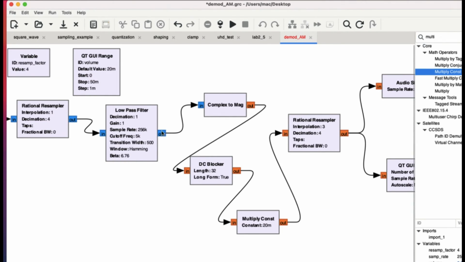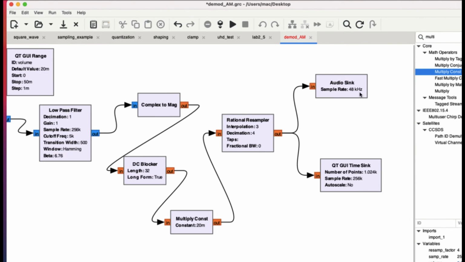After passing through this rational resampler, this 64 is multiplied by 3, so you get 192, and once you decimate this by 4, you get a sample rate of 48 kilohertz. This is your sample rate for your audio sink.